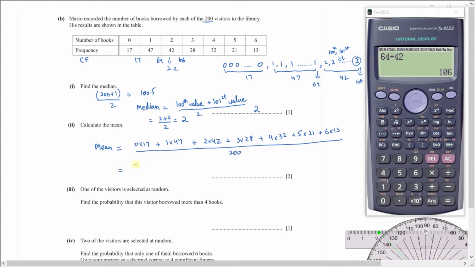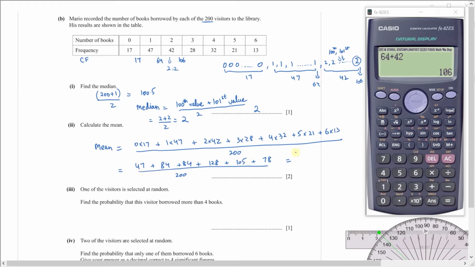So this will be 0, 47, 84, this will be 84 as well, 128, 21 into 5 will be 105, and 13 times 6 is 78, divided by 200.